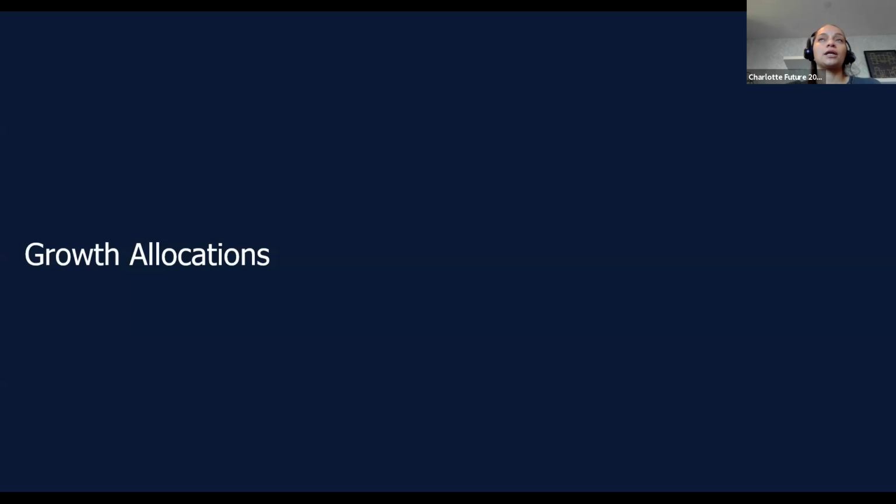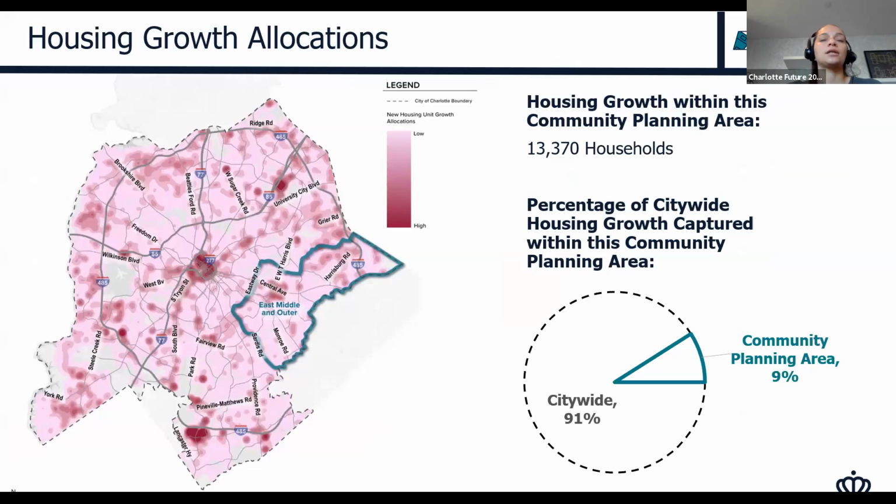So we looked at growth allocations to make sure that we were mapping things correctly, in terms of the number of jobs and housing units that are being envisioned with the growth of the city.